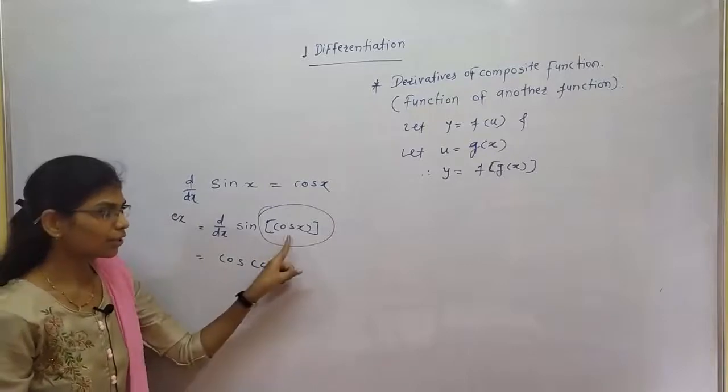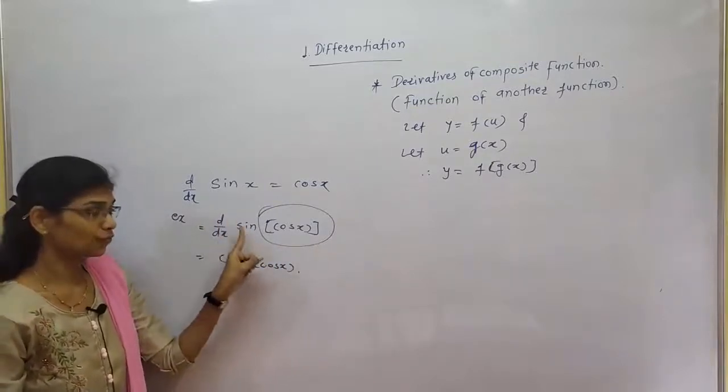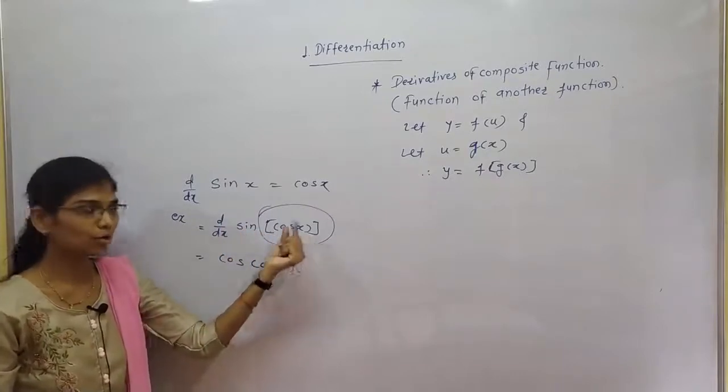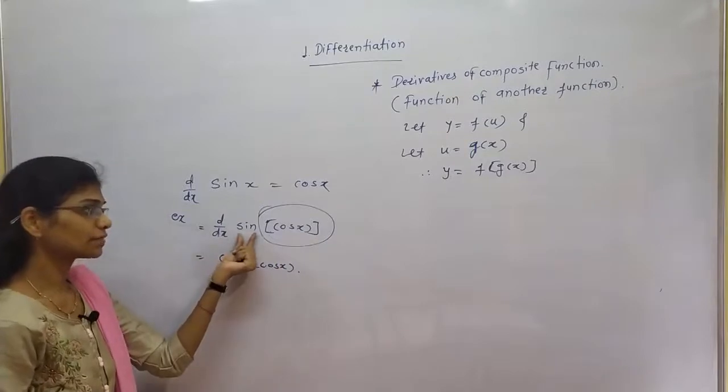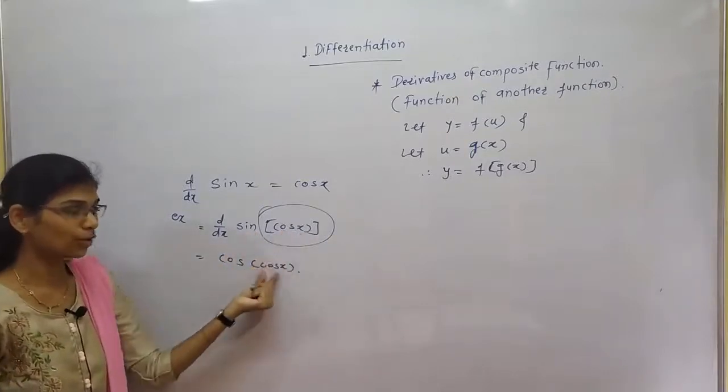Multiply by the derivative of cos x. First of all take the derivative for the sine, then take the derivative for the cos one. Derivative of sine is cos, and its value is cos of cos x.